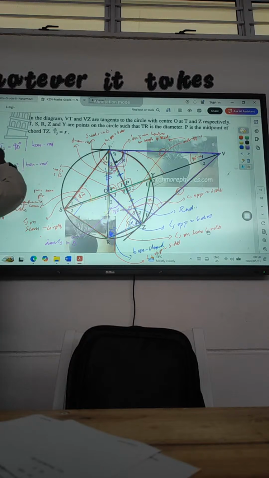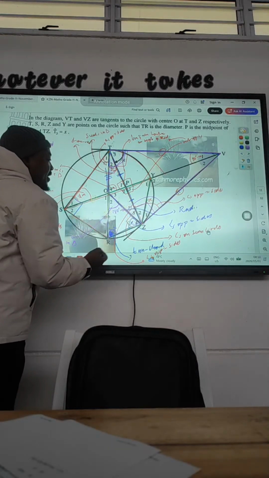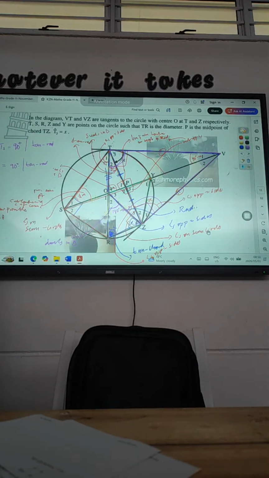And then when you look at these two angles, they are the opposite angles. So therefore, these two, which is VTO plus OZV is equal to 180 degrees because VTO is the T2 plus T3, Z123 is the same as OZV. When you add them together, they give us 180.